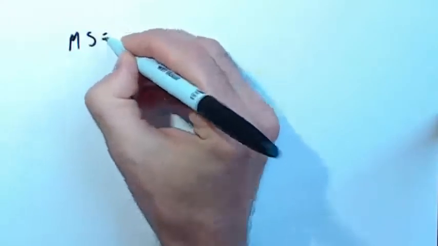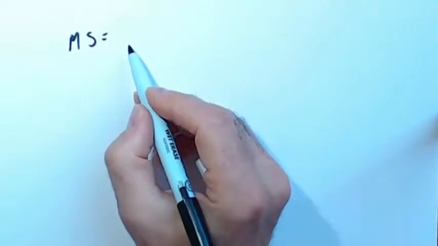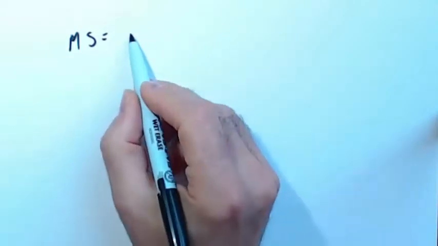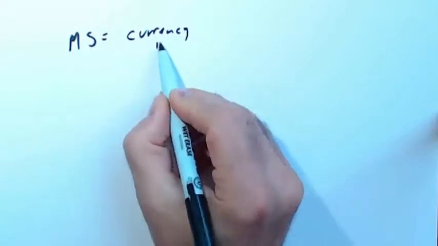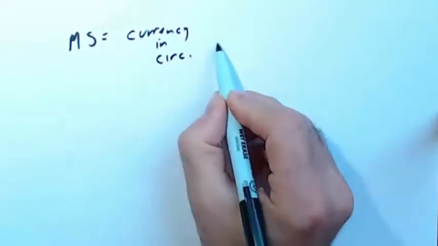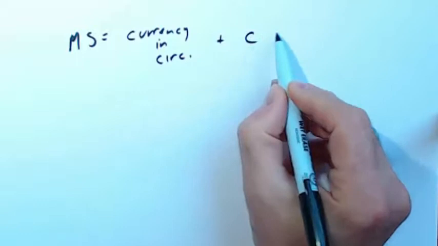First thing we want to do is define the money supply. There's a number of ways to define the money supply. The easiest way, and the one we're going to use for this chapter, is that it's currency in circulation plus checkable deposits.